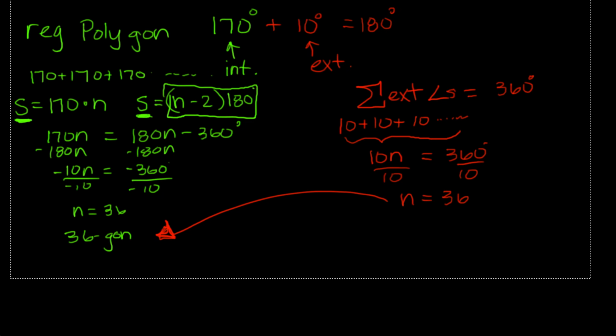All right, so let's try this one more time with a different problem. What if this time, instead of having 170 degrees, we had 140 degrees? So let's say that the interior angle is 140 degrees, and it's a regular polygon.